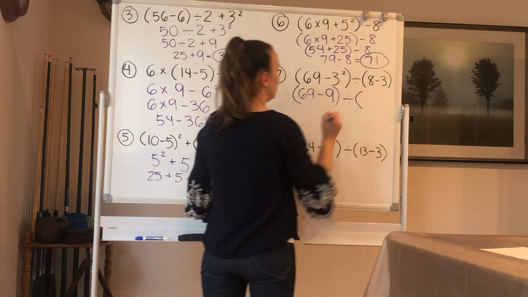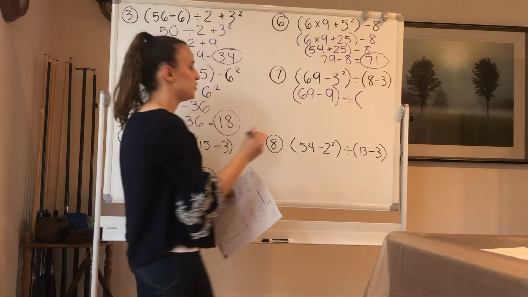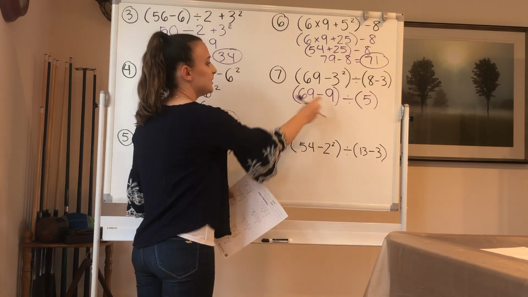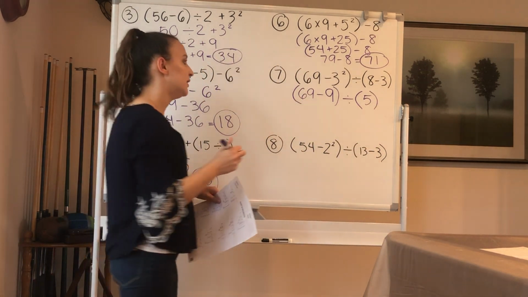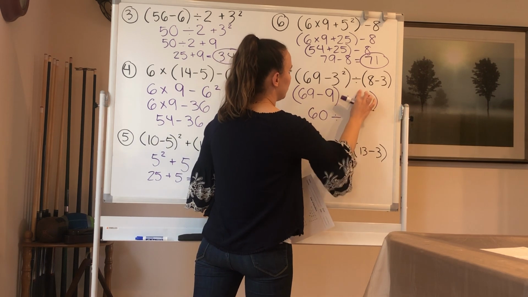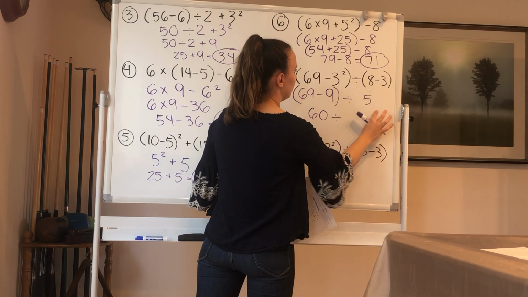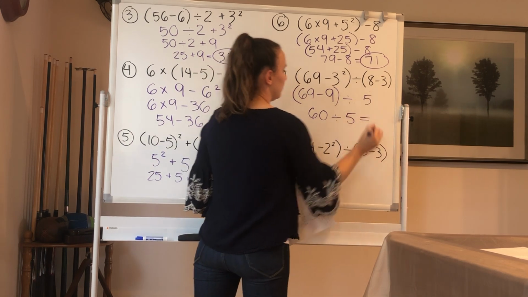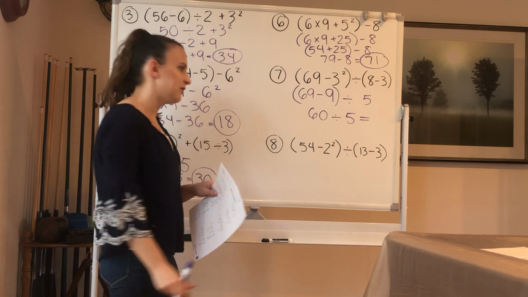Divided by 8 minus 3, which is 5. 69 minus 9 is 60. Oh, I shouldn't have put that in parentheses because that was finished. So 60 divided by 5 now. And 60 divided by 5 equals 12.